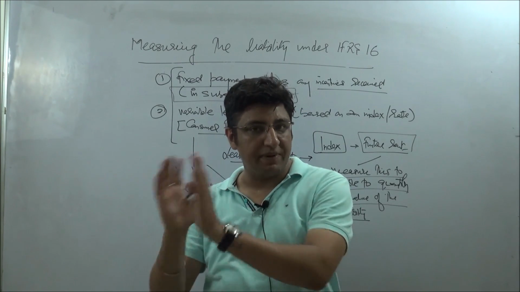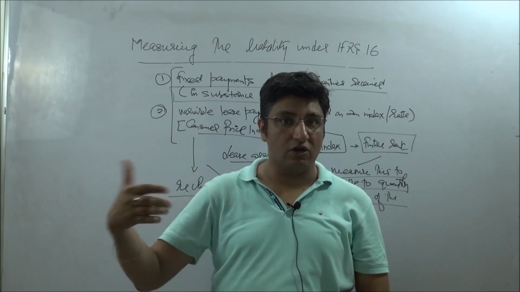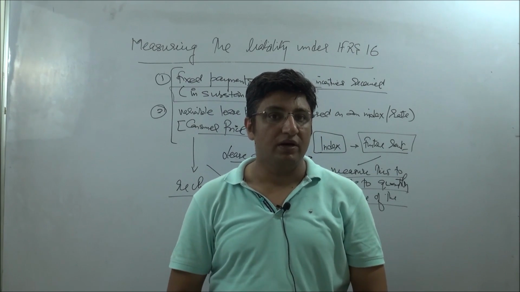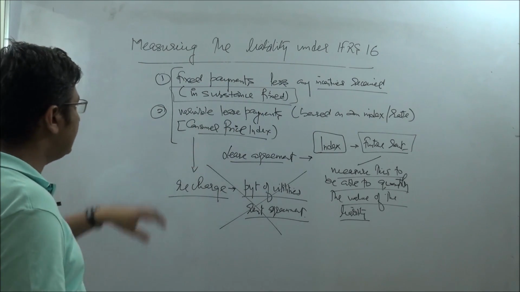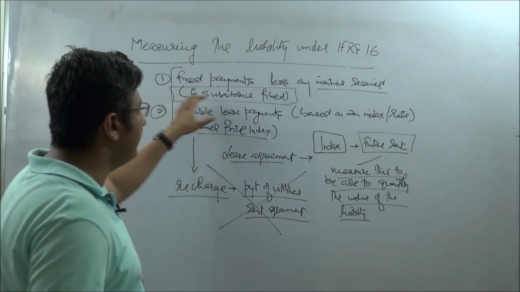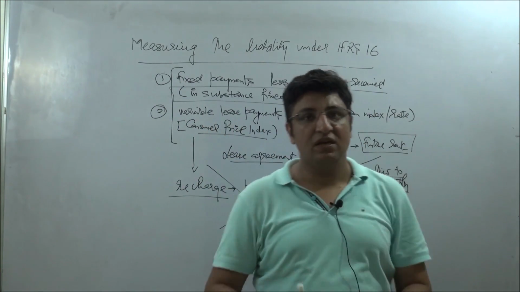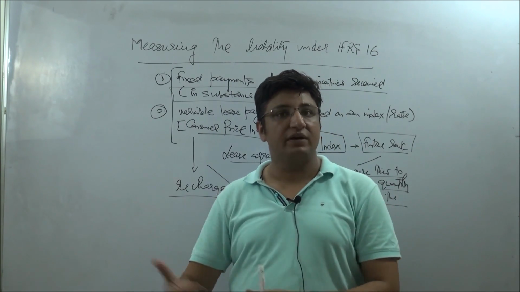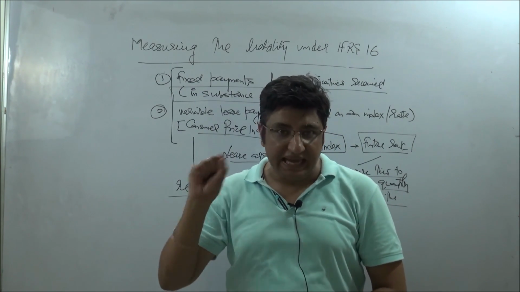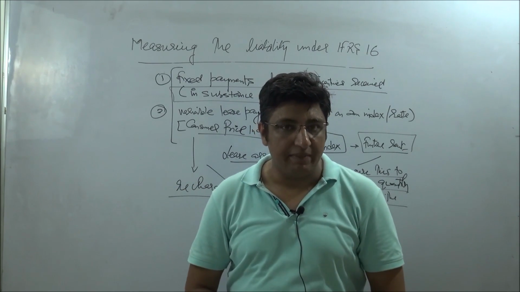That would be obviously separately considered as another liability if it's not paid, let's say in a particular period of time. So that is something that you need to take care of, that any variable lease payments which are primarily driven through an index or let's say a rate like a LIBOR or a MIBOR, that is where you need to bring that component also as a part of your lease liability.